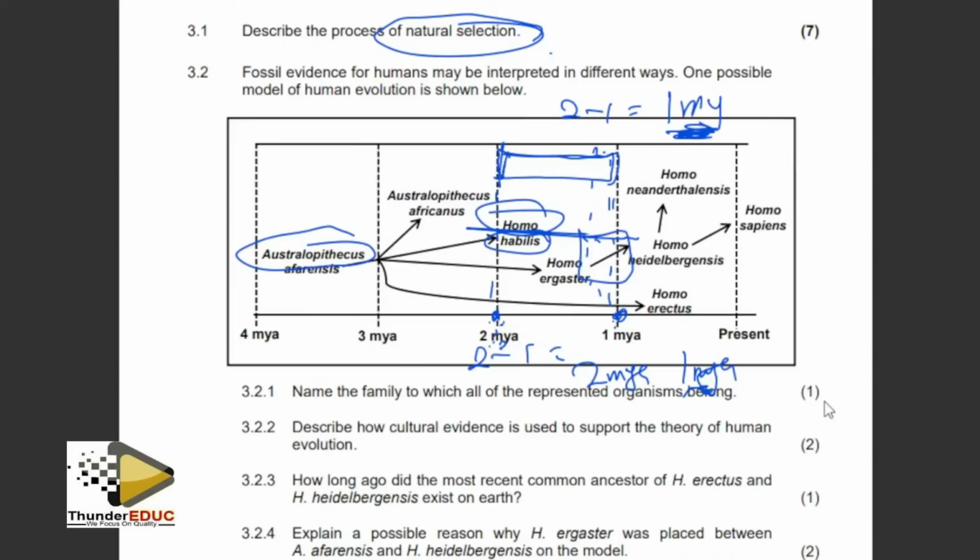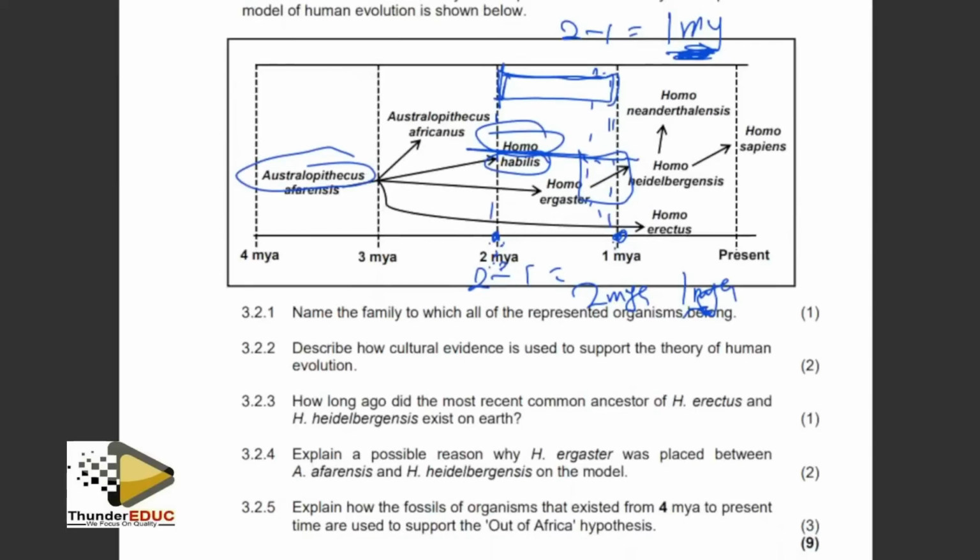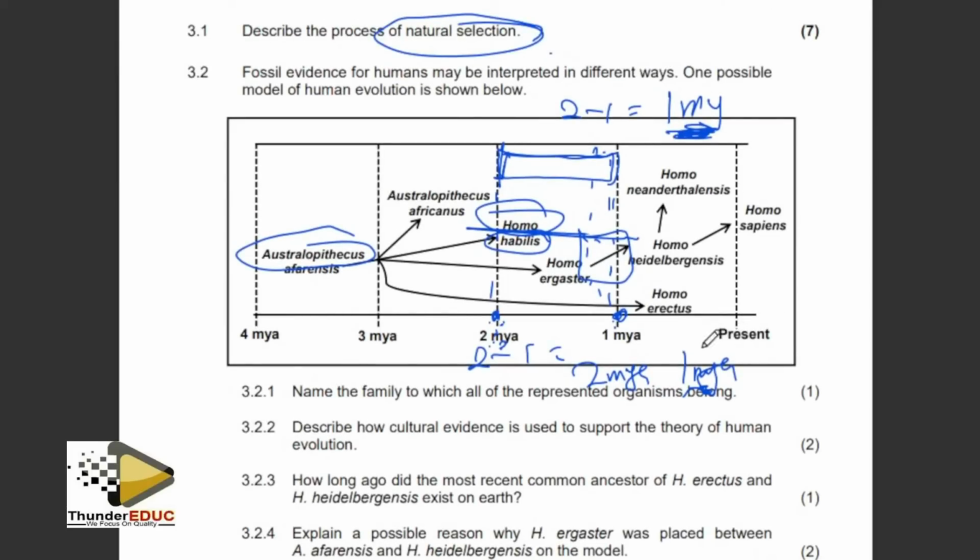Then they are saying, explain the possible reason why Homo ergaster was placed between Australopithecus afarensis and the Homo. It means that this is a transitional fossil, meaning that it has characteristics of this organism and also characteristics of that.